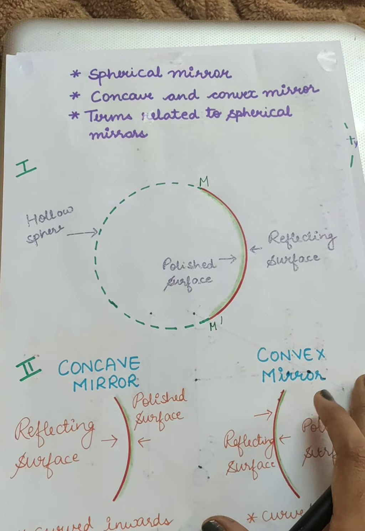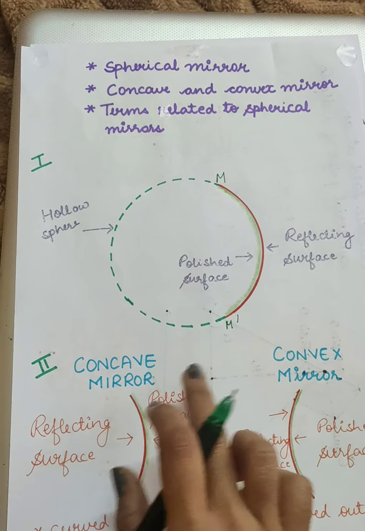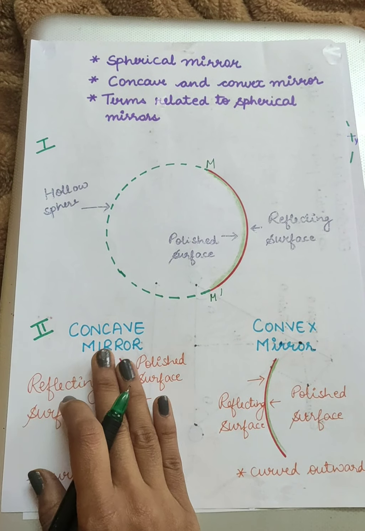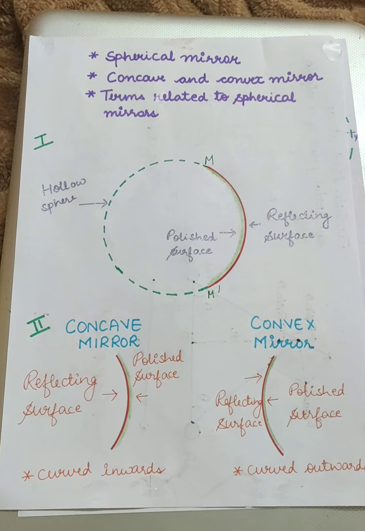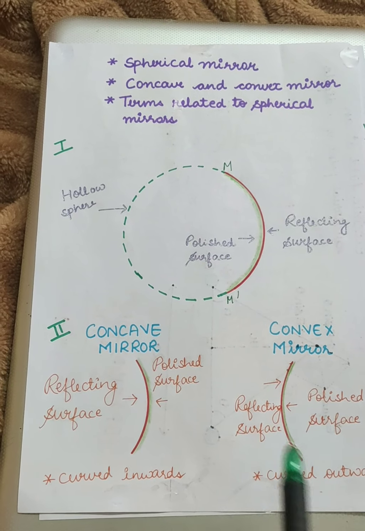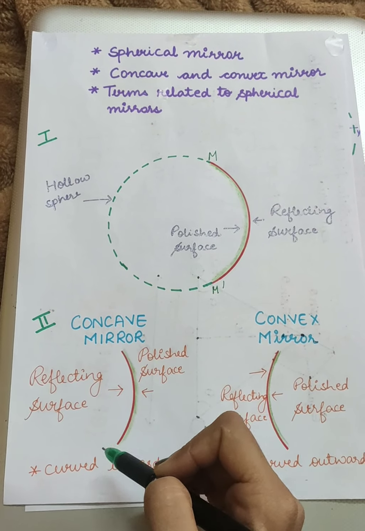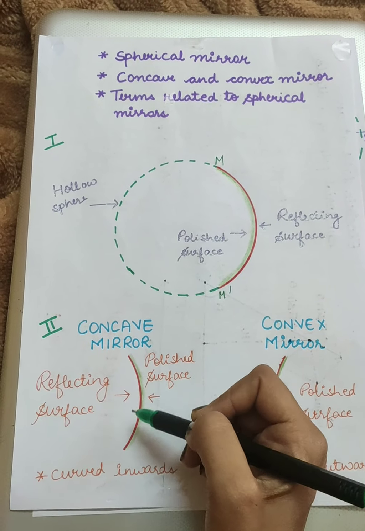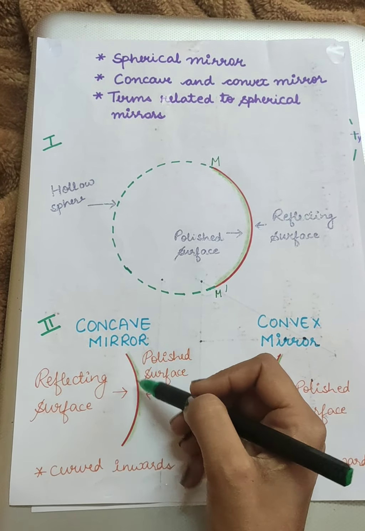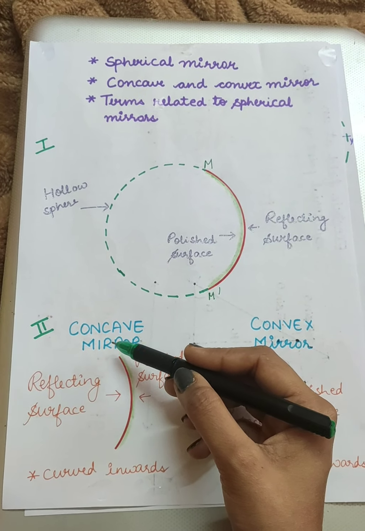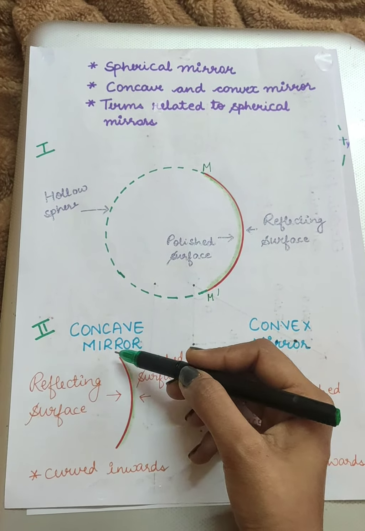Next, coming on to types of spherical mirrors. There are two types of spherical mirrors that we generally refer to. One is concave mirror and the other one is convex mirror. Now, let us try to differentiate between the two. A spherical mirror whose reflecting surface, marked with the red pen, is curved inwards.